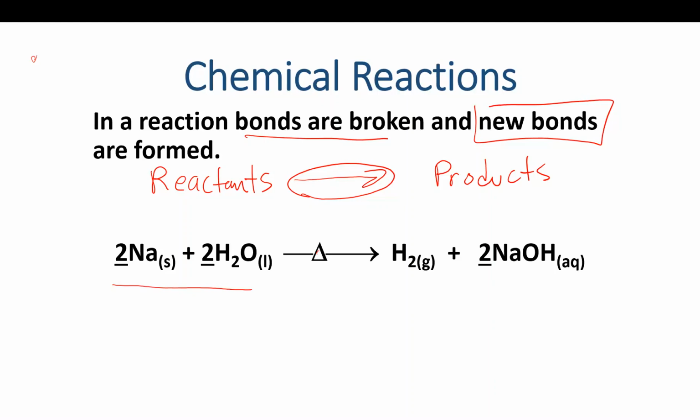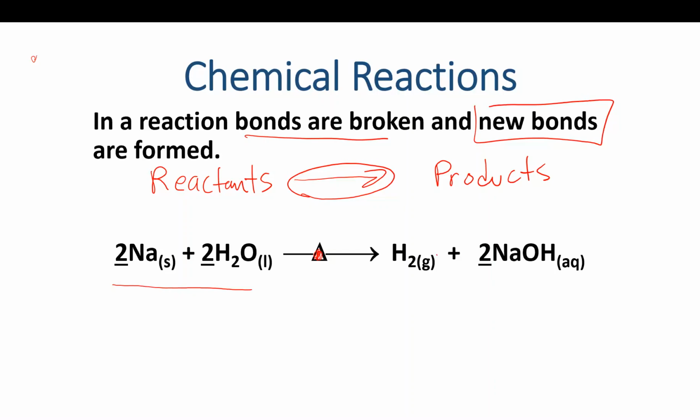Now there's a couple more things in this balanced equation that I want to mention to help you understand, not just the formulas and the arrow, but we also notice this delta symbol here. So a lot of times when you see that triangle, that delta symbol, what that means is heat is required for this reaction to go. Now, that's not exactly true for this particular reaction, but I just threw it in there just to show you that sometimes you will see a delta symbol.